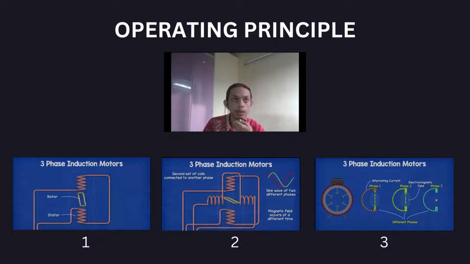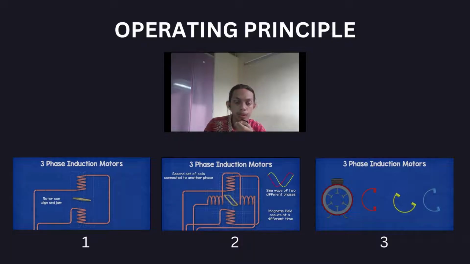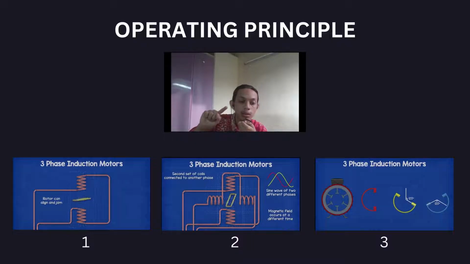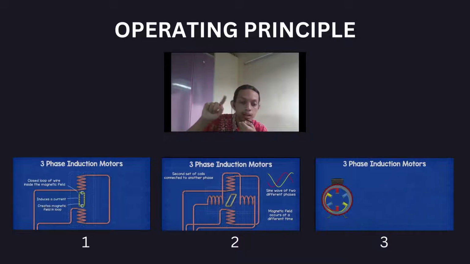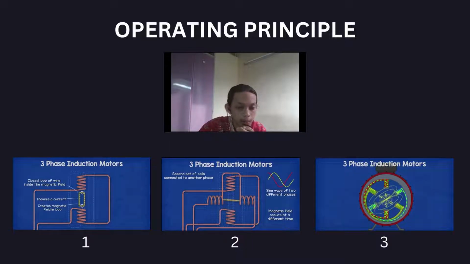How do we distribute it? To be exact, we connect the coils in a phase of 120 degrees, so it can rotate the motor perfectly.